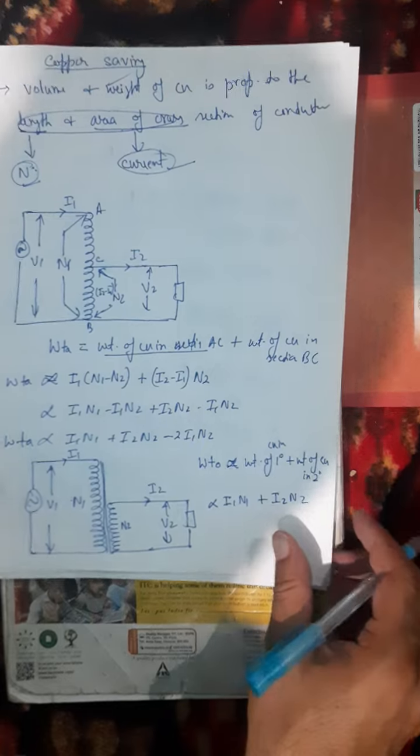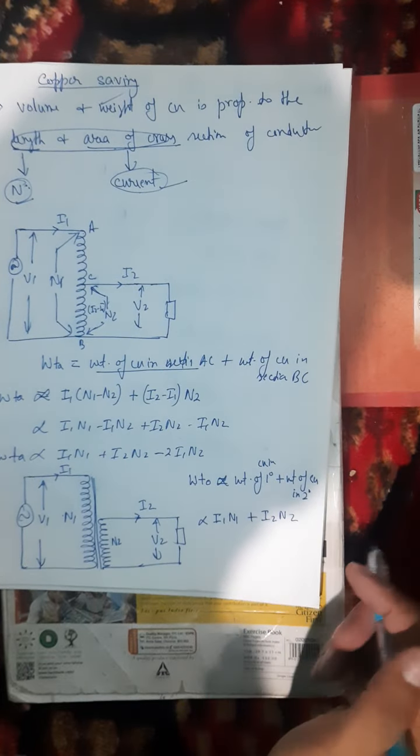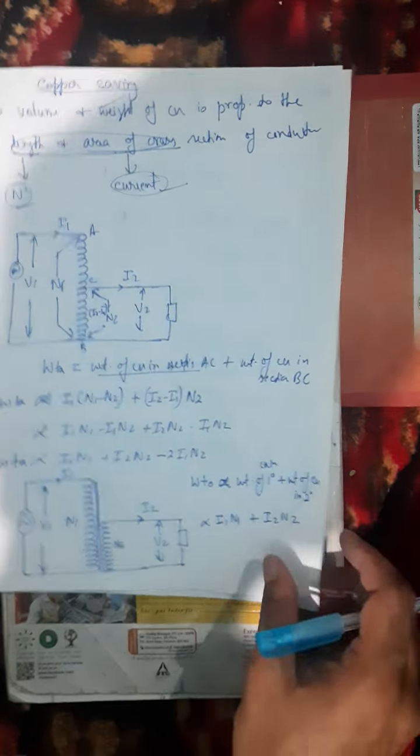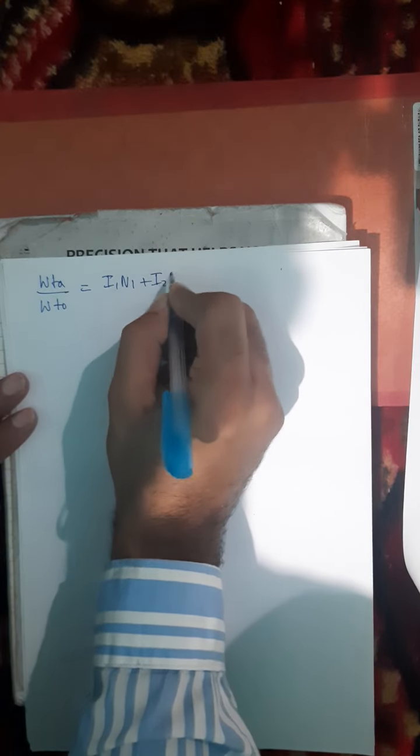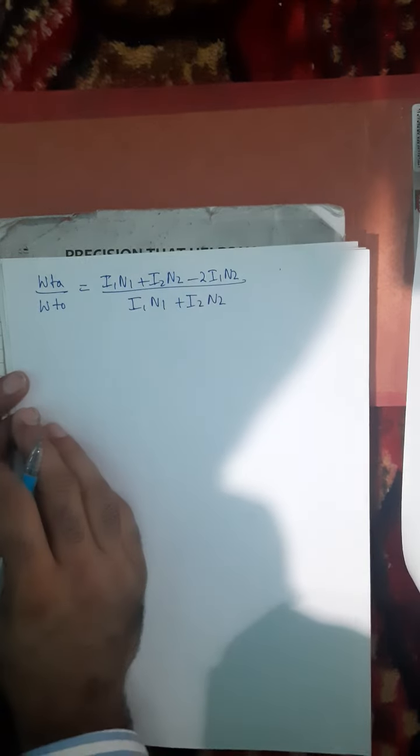Okay, so now take the ratio of the weight of the copper material in both the transformers. So I will see that WTA divided by WTO. It was I1 N1 plus I2 N2 minus twice I1 N2, and WTO was given by I1 N1 plus I2 N2.